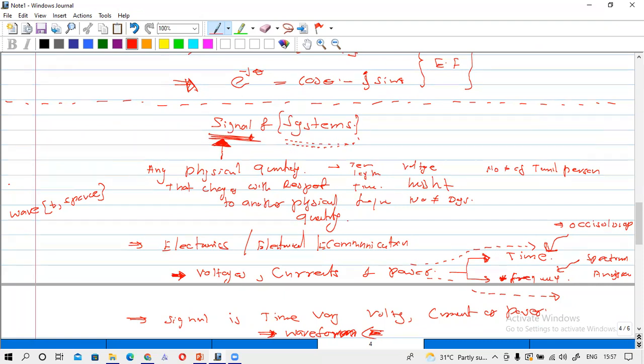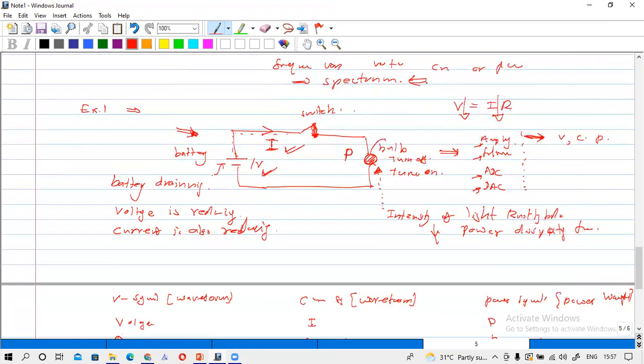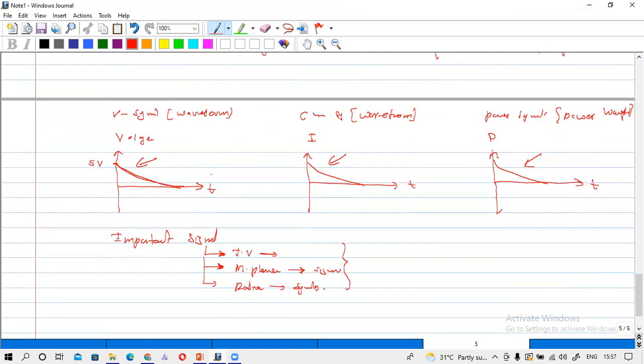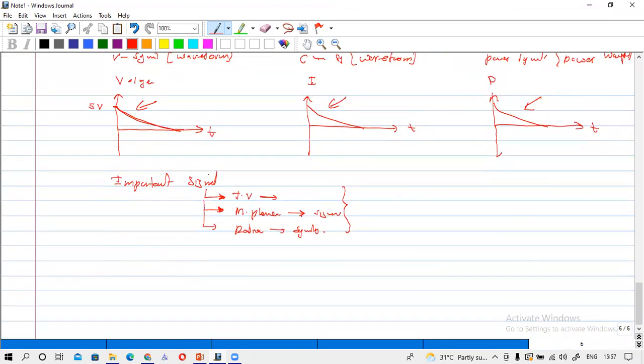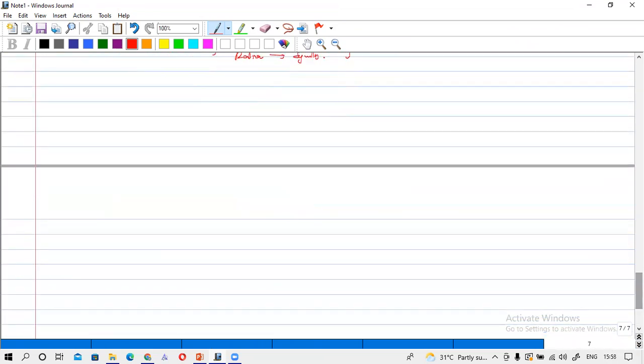But today we are mainly discussing signals. You already know what a signal is, and I hope you could understand the importance of signals. So next we will see the classification of signals.